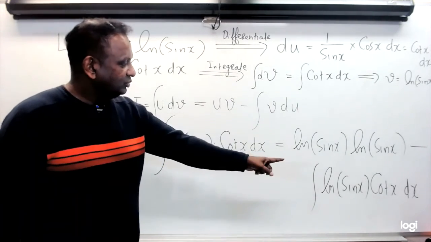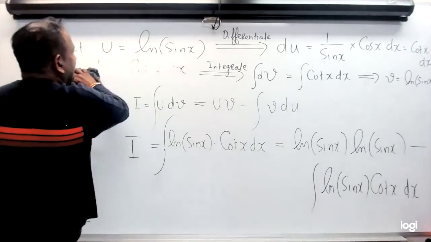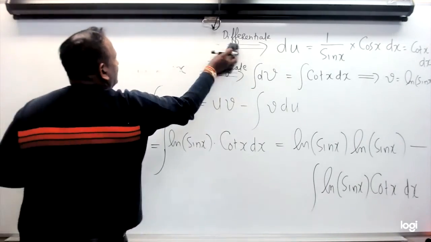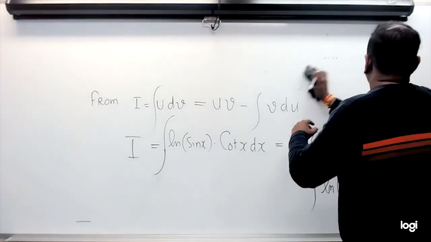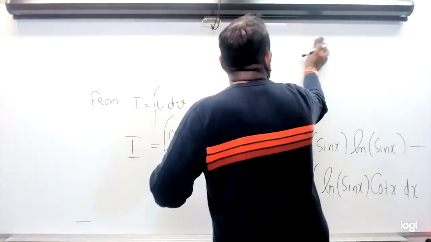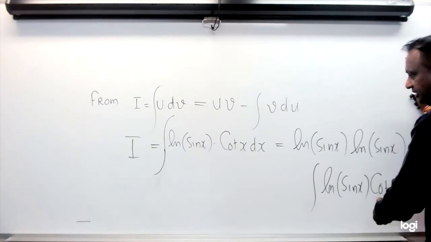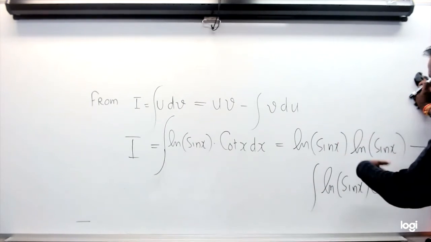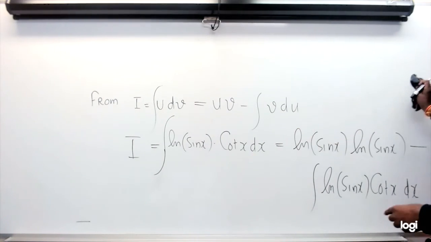What you're going to do, you're going to bring this whole thing to this side. Forget about this I, okay? You're going to bring whatever the integral on the other side, they both look the same. See, you can combine. You don't integrate anything. This is what we are trying to integrate. Then you can end up with the same thing to be integrated again. This part you're going to get to the left-hand side.